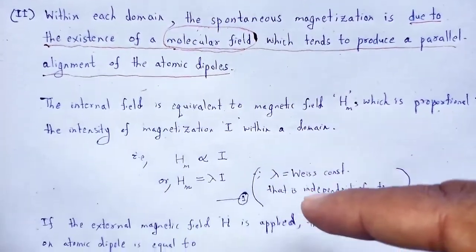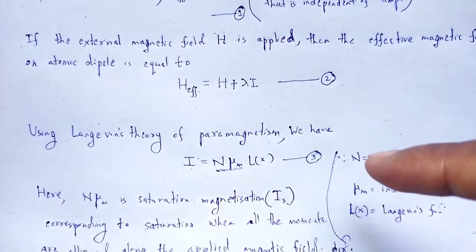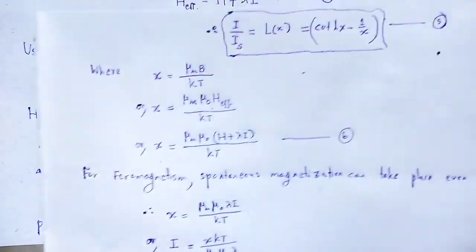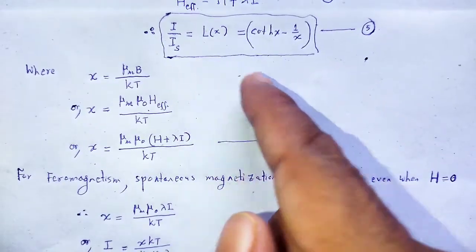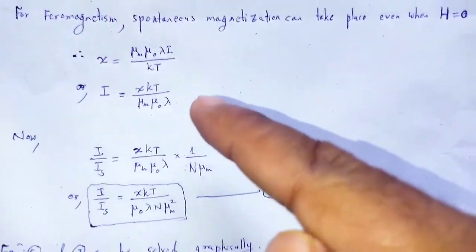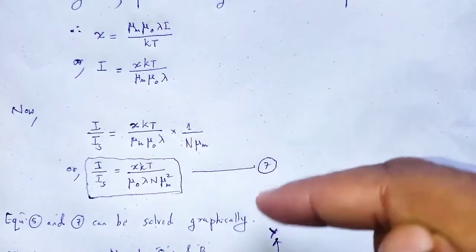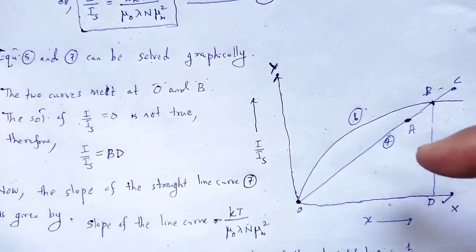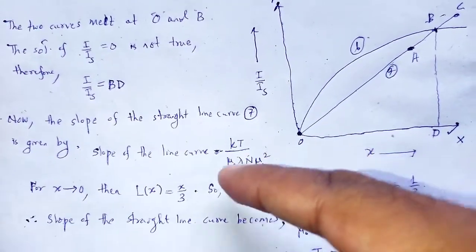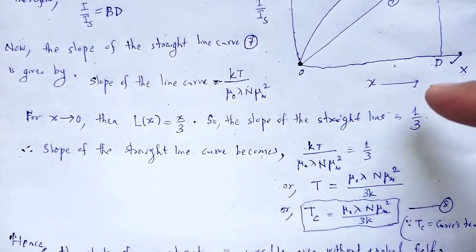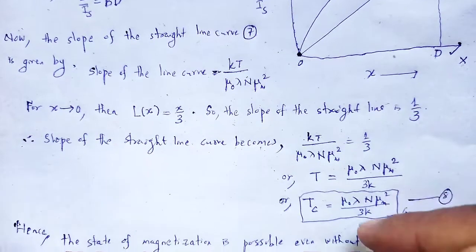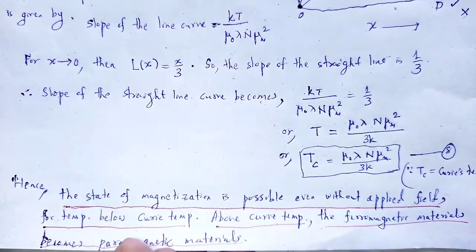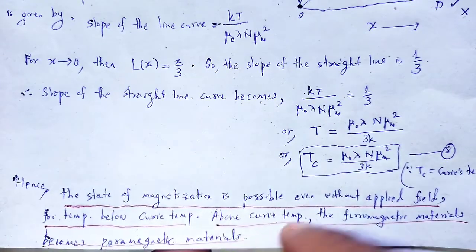Then mathematically we showed I by Is, again I by Is. These two equations are solved graphically by plotting the graph. From these two equations we obtain the Curie temperature and our observations based upon that.